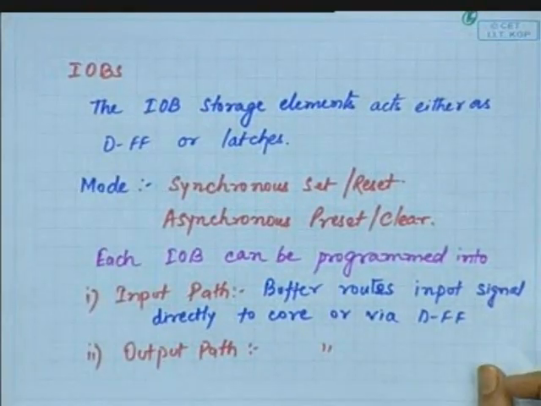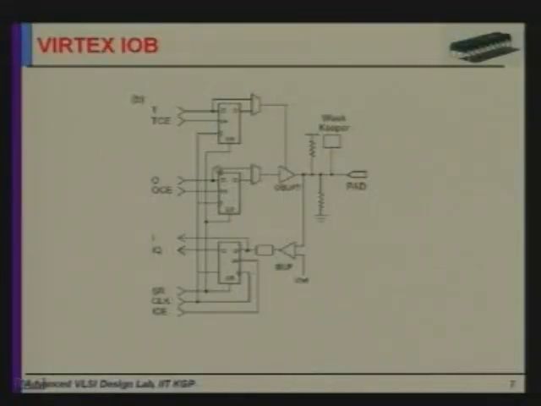Now talking about IOBs, the input output blocks. Now the input output blocks appear as a storage element. Now look here, suppose this is the input section, means your logic is in this portion. Okay, this is the pad, this is the connection to the outside. So you have to output this line.